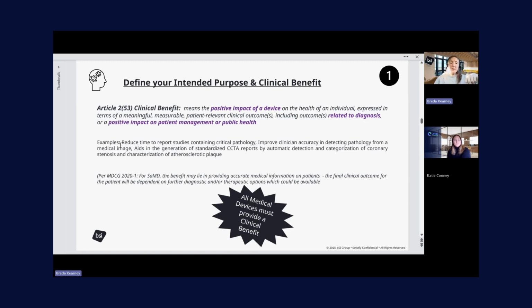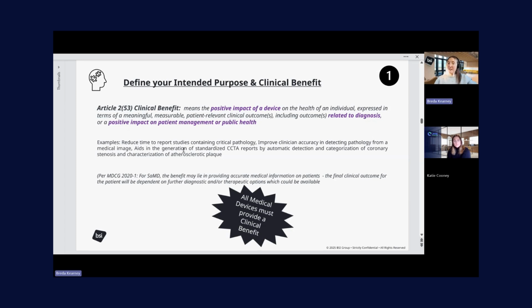The first one here is reduce the time to report on studies that contain critical pathology. So that's a benefit: we're reducing the time that it takes to report on studies that contain a critical pathology. Improve clinician accuracy in detecting pathologies from a medical image, so improving the clinician accuracy.